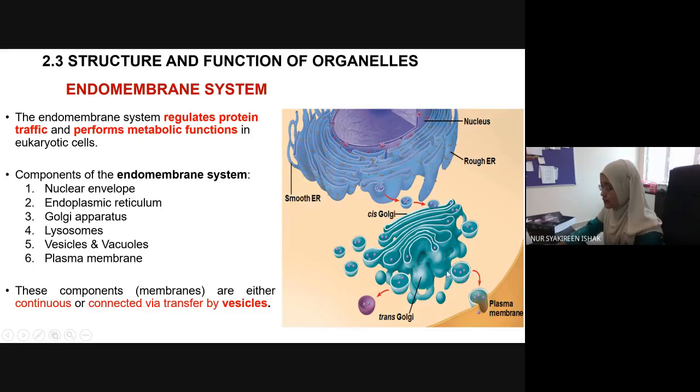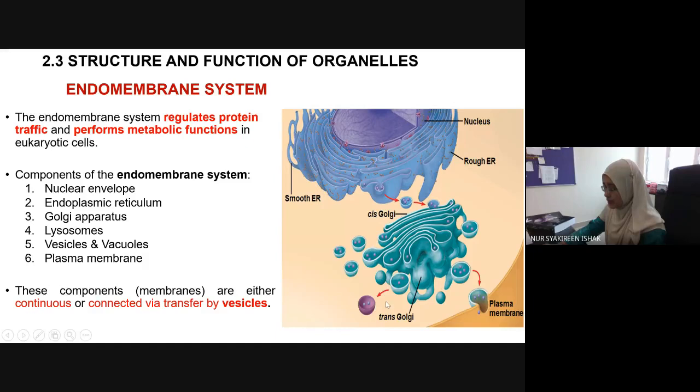So the membrane of the secretory vesicle was made by the membrane of the Golgi apparatus. Now this membrane will fuse with the plasma membrane to secrete out the protein, for example, to secrete out hormones or enzymes. So as you can see, the membranes of these structures are connected directly or through the transfer of vesicle.